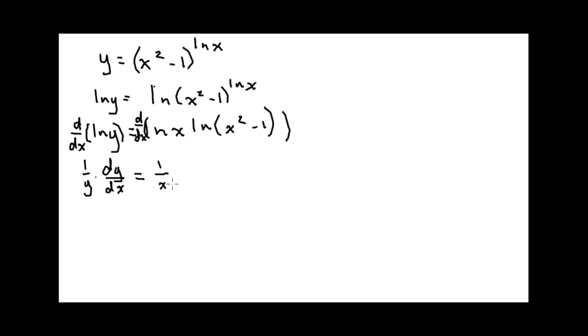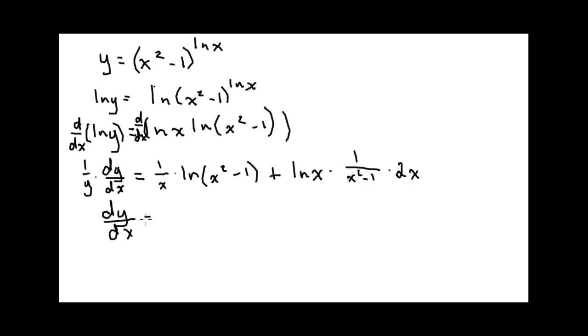So derivative of the first times the second plus, what was my first, ln x times derivative of the second. So we got a bit of a chain rule going on here. So let's derive the inside, and now the same thing, we just want dy by dx by itself.